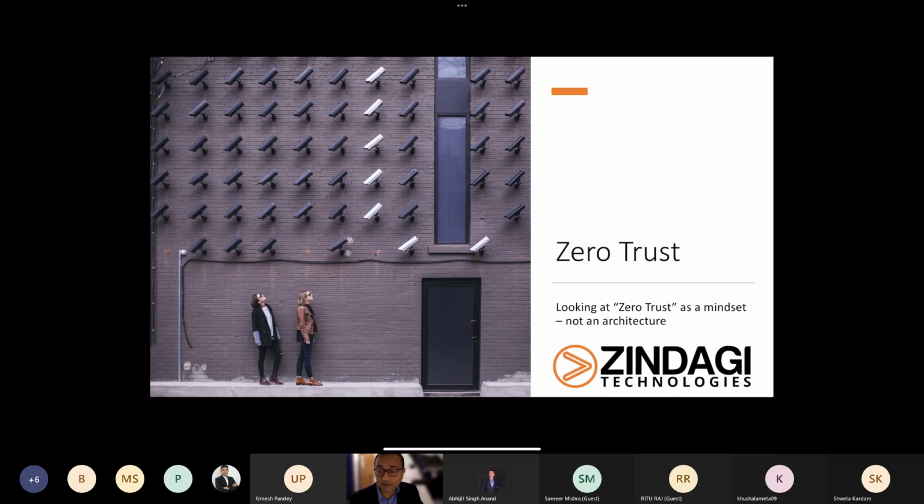The word zero trust has caught a lot of attention because in May 2021, the US government, under the Biden administration, launched an executive order saying that all federal government offices have to implement zero trust architecture. So that's when suddenly everybody started talking about zero trust.